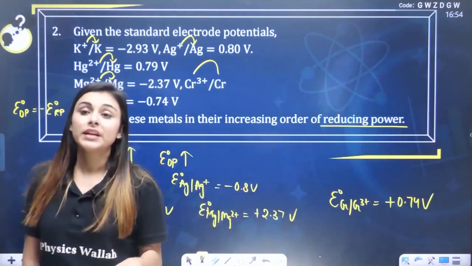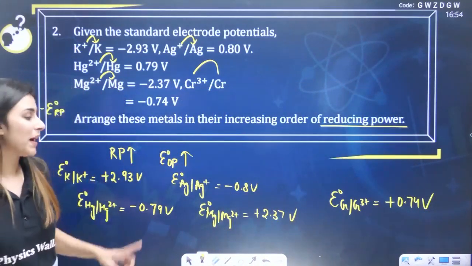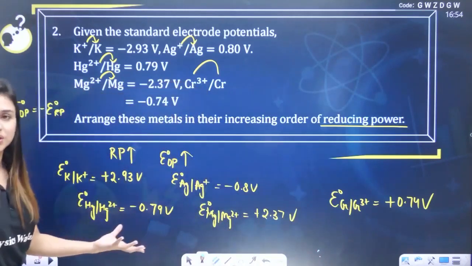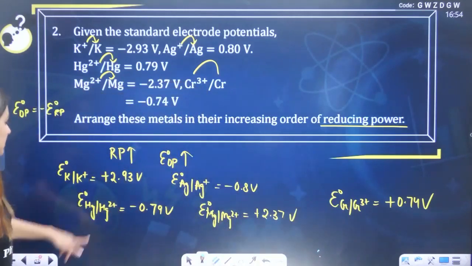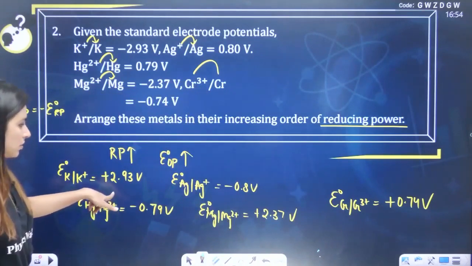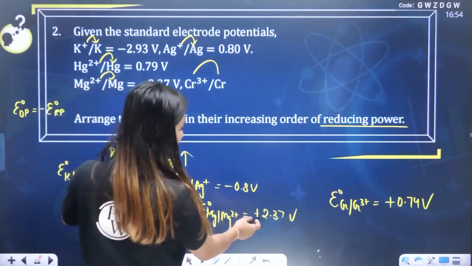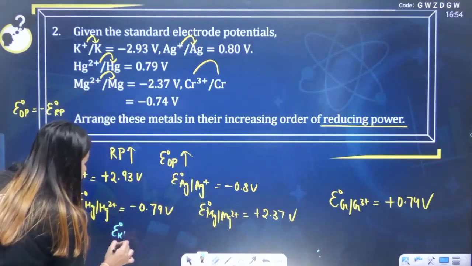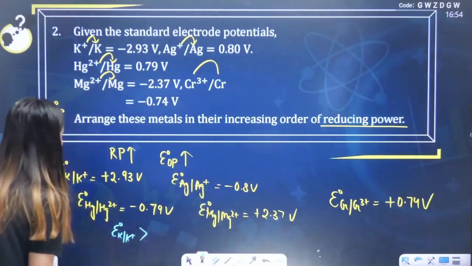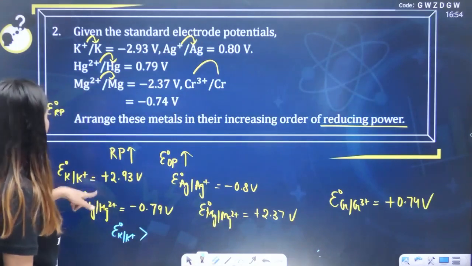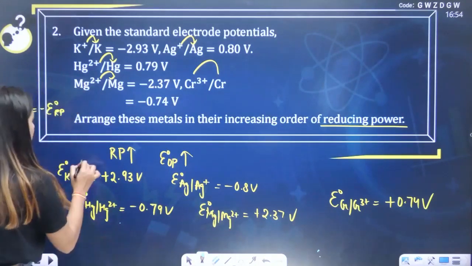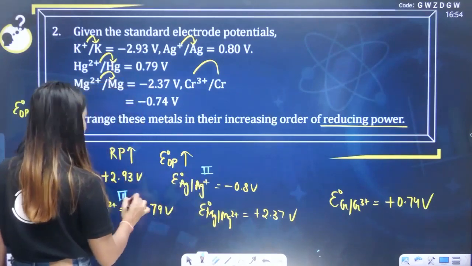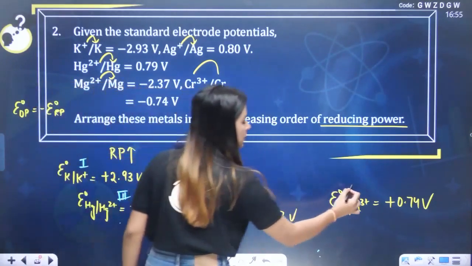You need to give the correct order for the reducing power. So maximum oxidation potential will have the most reducing power. Let's see, this is plus 2.93, then you have plus 2.37. So first would be E0 of K to K plus. Can I name them 1, 2, 3? It would be a little bit easier for me. This would be 1, 2, this would be 3, then 4, and then this will be 5.